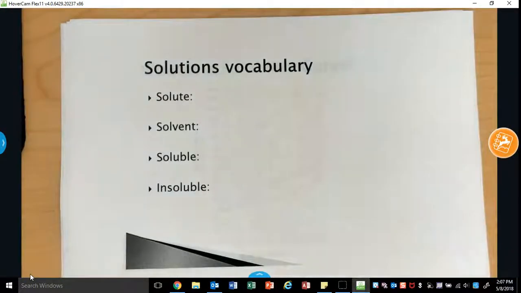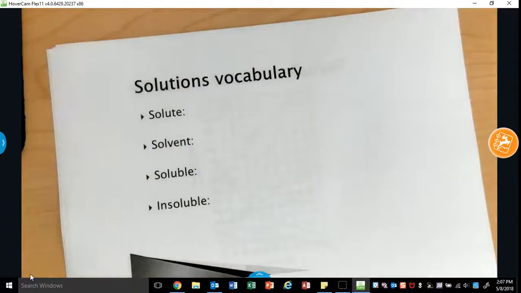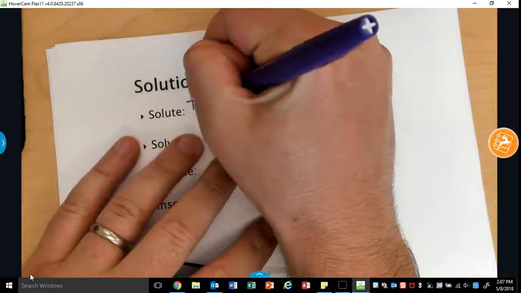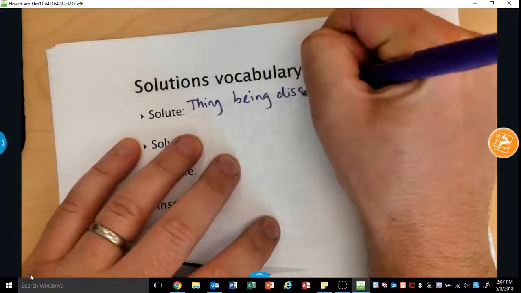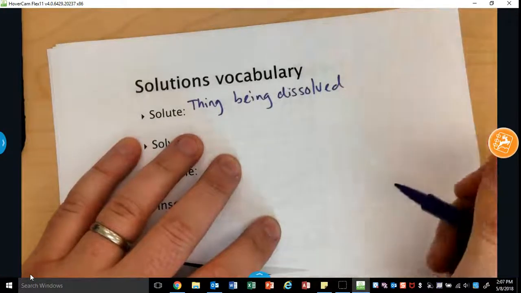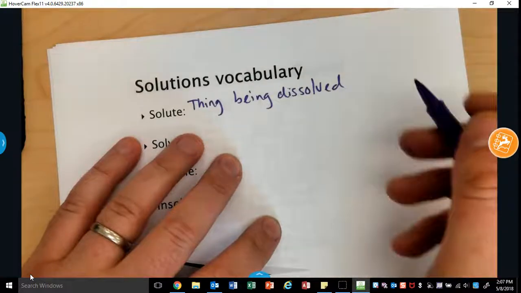All right, so let's cover some vocabulary. Solute, there's really two definitions for this. A solute is the thing being dissolved. So if we're dissolving sugar or salt in water, the sugar or salt would be considered the solute.